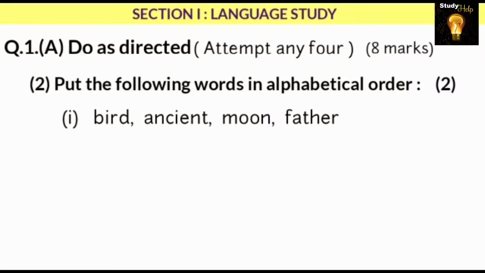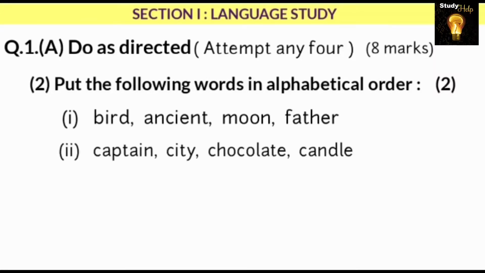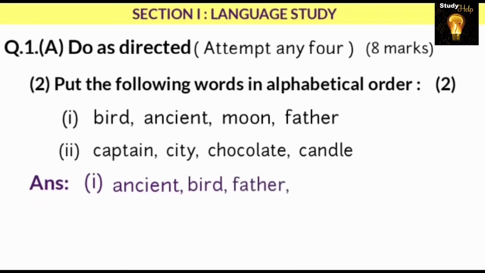Second one here, put the following words in alphabetical order. 2 sets of the words will be given. In the first set there are 4 words and every beginning letter will be different, therefore it is very easy to find out as per the alphabetical sequence. In the second set there are same beginning letters for all the 4 words.